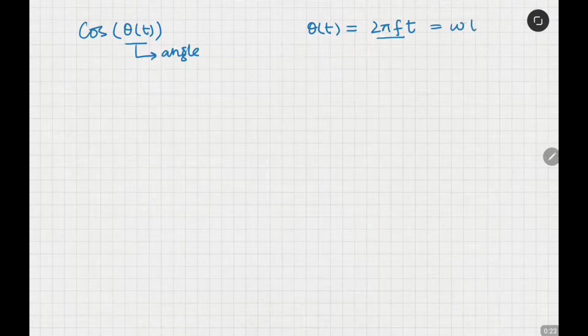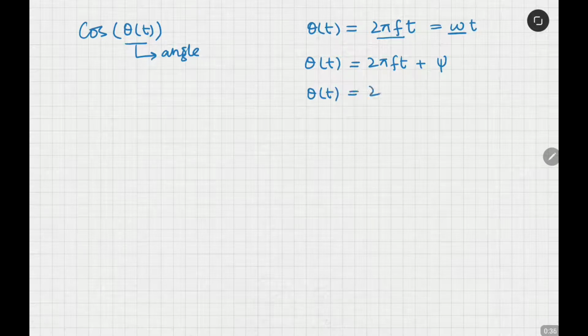It can also sometimes be written as omega. It can also be this plus a constant phase offset, and it can also be 2 pi f t plus a time dependent phase offset. So this is called not the phase but the phase offset.